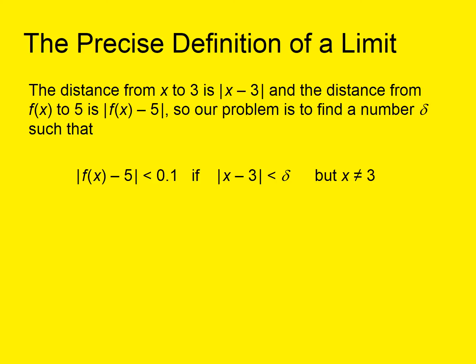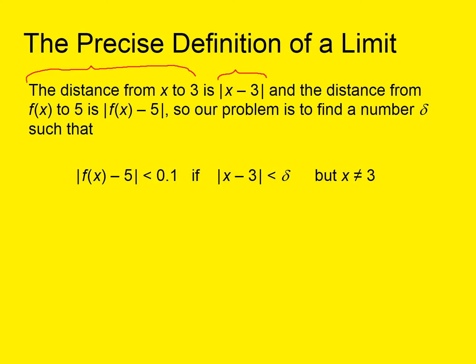The distance from x to 3 is absolute value of x minus 3. Maybe you're not in the habit of translating an expression like this in this way, but it is the same thing. And the distance from f of x to 5 is absolute value of f of x minus 5.